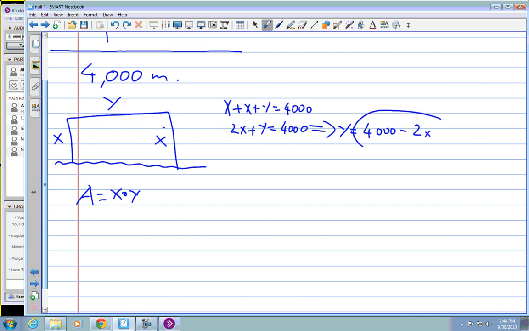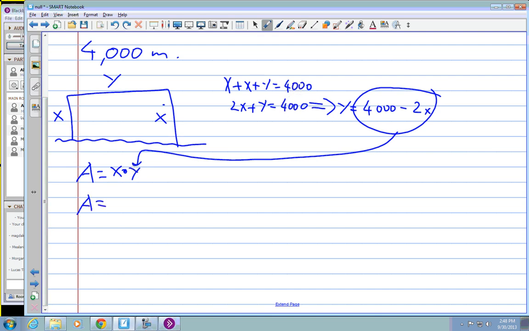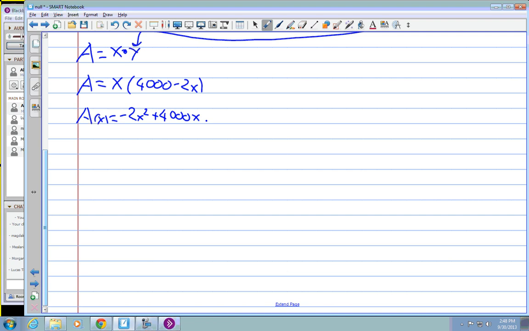So you take that expression and plug it in for y. Which is a function of x, A of x equals, if you distribute x, negative 2x squared plus 4,000x. So that's the function.